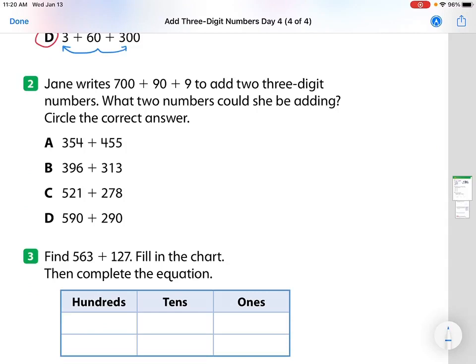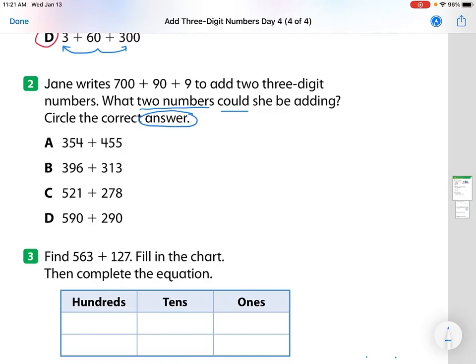It says Jane writes 700 plus 90 plus 9 to add 2 3-digit numbers. What 2 numbers could she be adding? Circle the correct answer. That tells me there is only one correct answer.